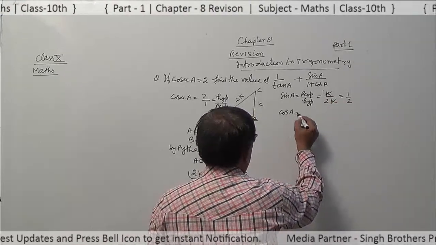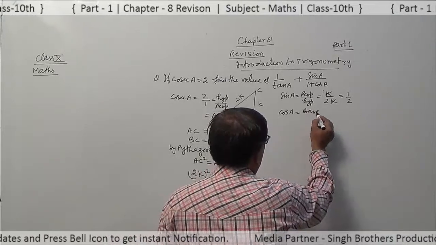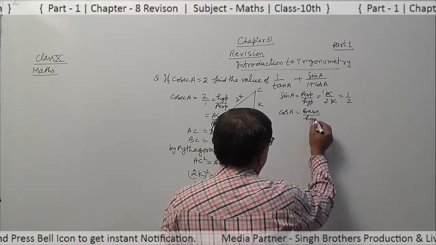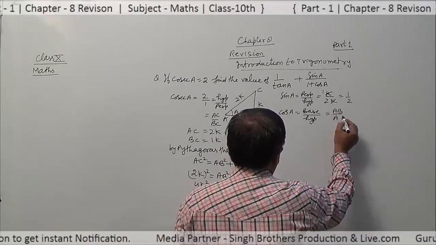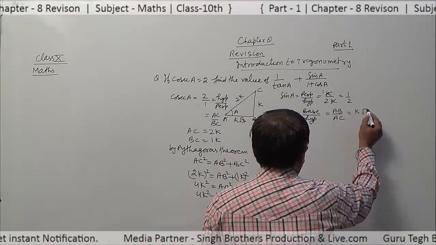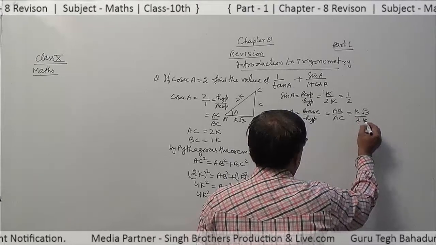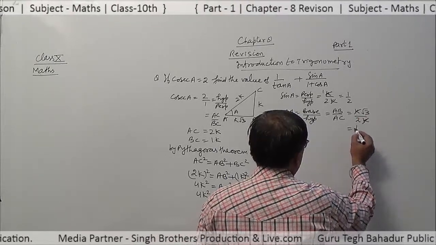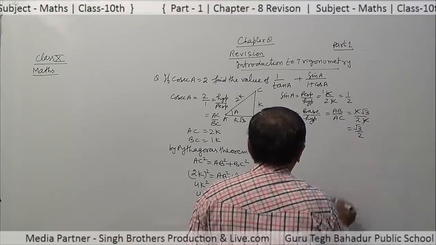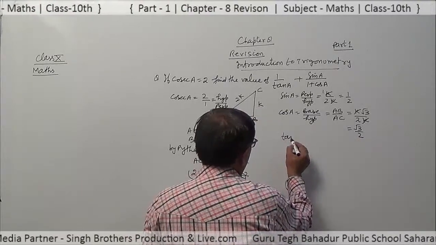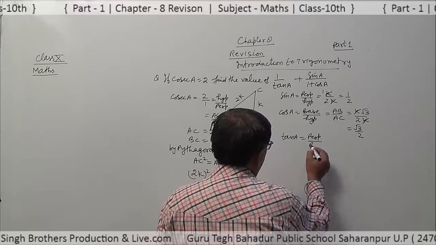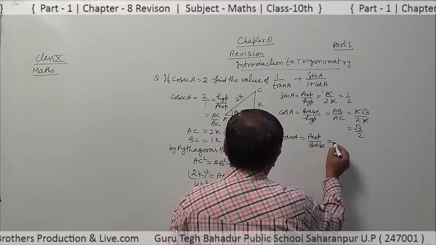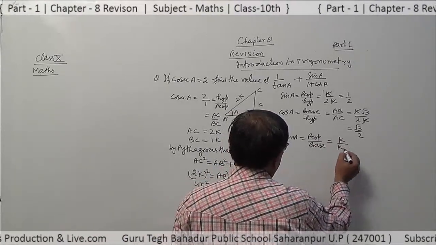Cos A, base upon hypotenuse, AB upon AC, K root 3 upon 2K, that is root 3 upon 2. Tan A, perpendicular upon base, K upon K root 3.